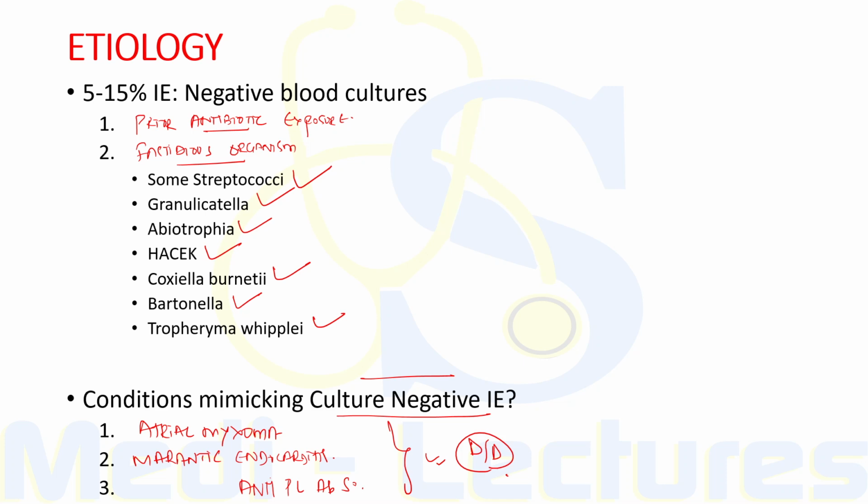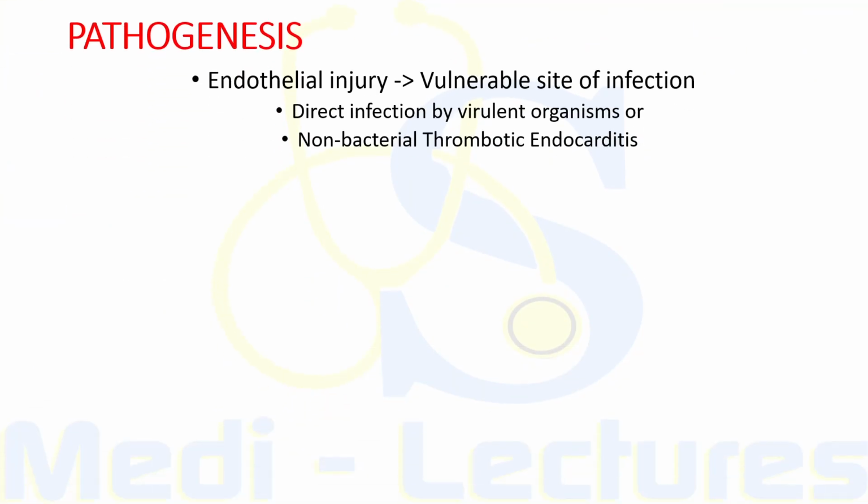Now let's discuss a very important part, that is pathogenesis of infective endocarditis. First of all, as we all know, healthy endocardium is resistant to most bacterial infections during bacteremia. But when there is endothelial injury, either from high velocity blood jets or on the low pressure side of any cardiac structural lesion like VSD, it creates a vulnerable site for infection.